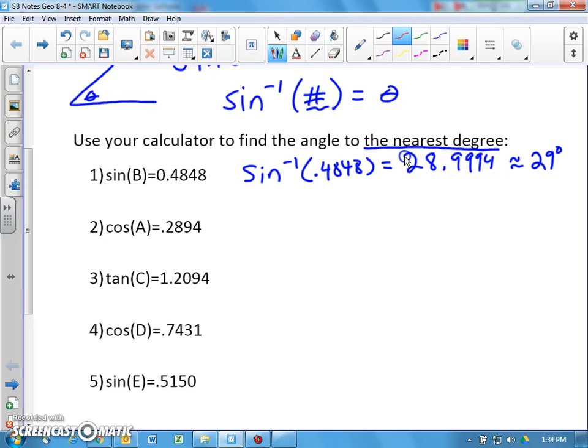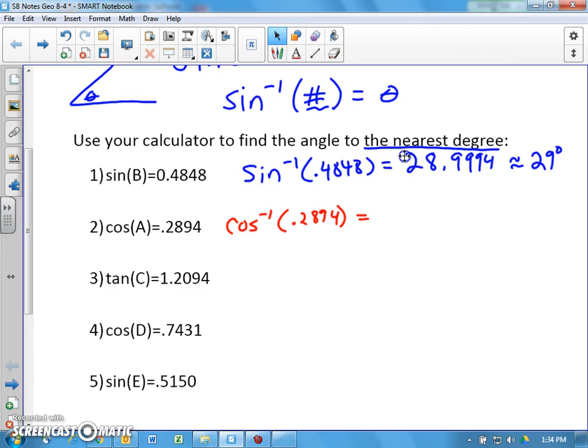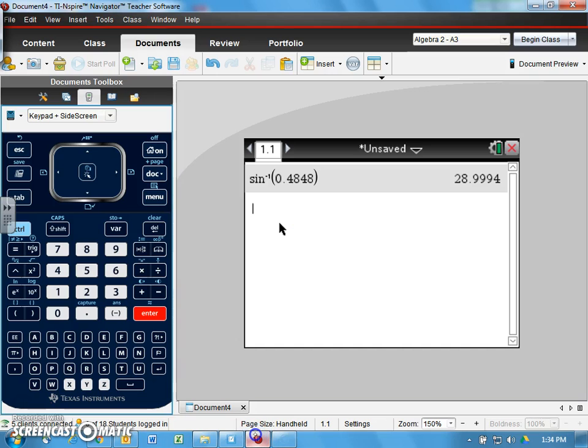If cosine A is 0.2894, what we would type into our calculator is the inverse cosine of 0.2894, and that should give us our value. Type this into your calculator and let's see if you can come up with the right answer.